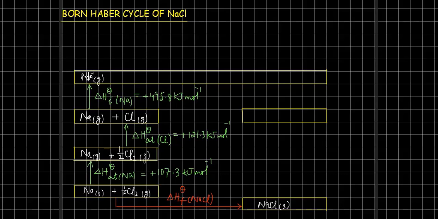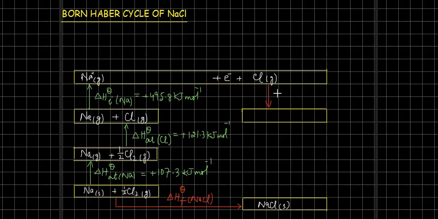So sodium has become sodium ion by losing one electron, and that lost electron is gained by the chlorine atom in gaseous state. For gaining one electron by the chlorine atom in gaseous state, the enthalpy change will be electron affinity. As it is an exothermic process, on the energy profile diagram, it will go down, right?